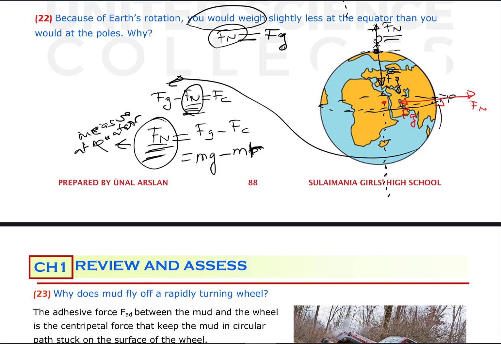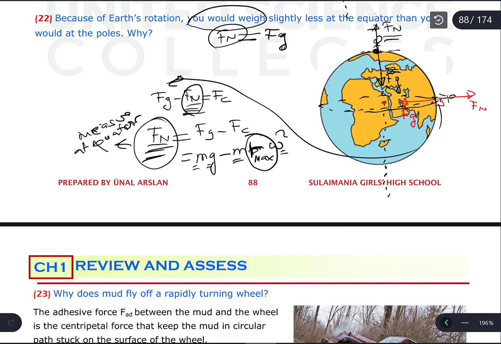At the equator, the circle you follow is the largest in size. That's why the radius of the circle is the maximum. Because Earth is a rigid object, omegas are the same. All these quantities are the same, but the radius gets its maximum value at the equator. That's why the centripetal force, Fc, gets its maximum value at the equator.